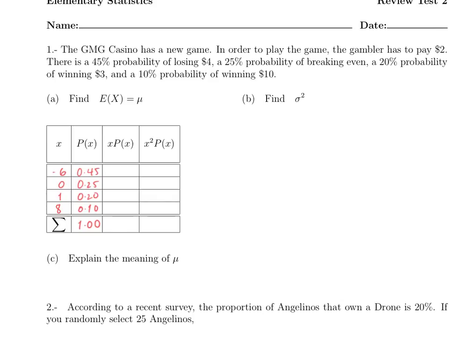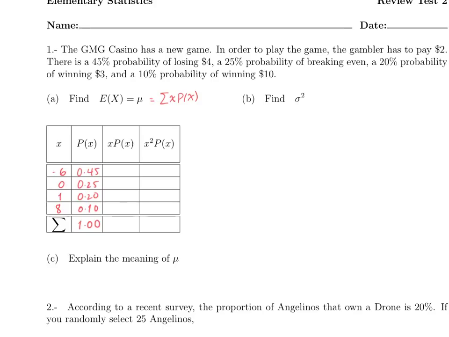The first part of the question is asking you to find the expected value, or mu. Remember, the formula, which is given on the formula sheet, is this. It's the sum of x times p of x, which means you multiply these two and add it up. Whatever you get here, that's the mean.